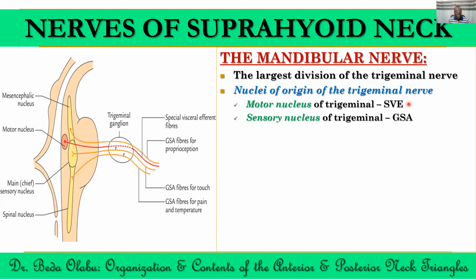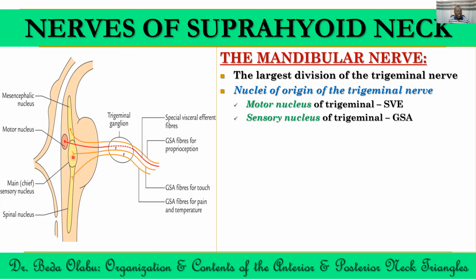Then you have the sensory nucleus of trigeminal. Sensory nucleus of trigeminal is a general somatic afferent nucleus. Quite extensive nucleus in the brainstem, having 3 components: mesencephalic nucleus of trigeminal, chief nucleus of trigeminal, and the spinal nucleus of trigeminal.